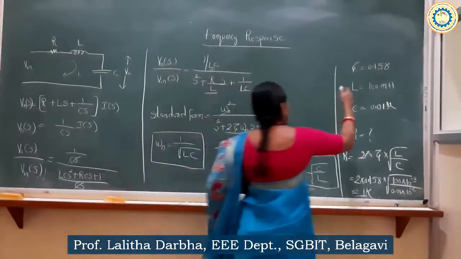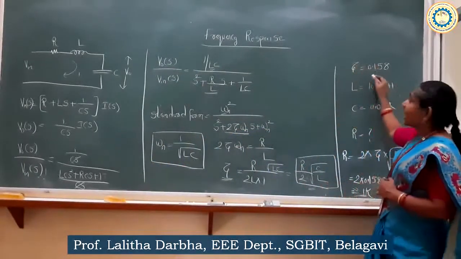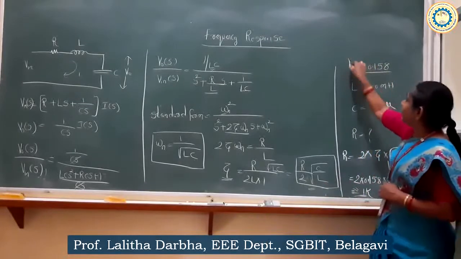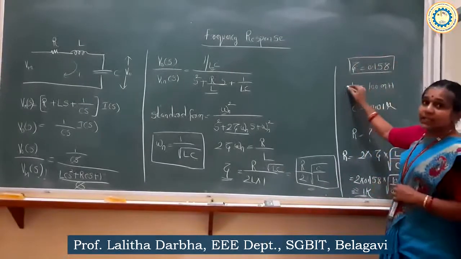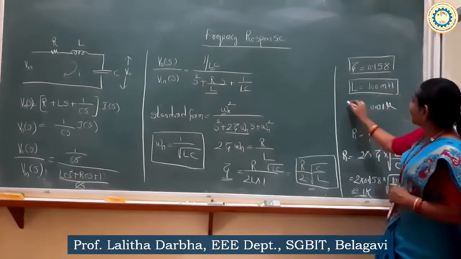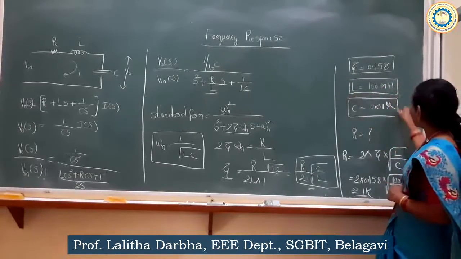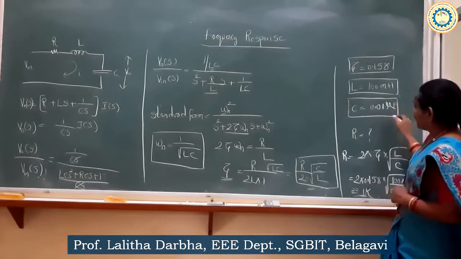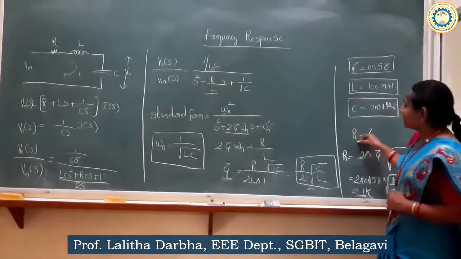Right? So, let us assume for the first case our damping factor zeta is 0.158. The inductance given is 100 millihenry and the capacitance is 0.01 microfarad. What is the value of R for this particular expression?